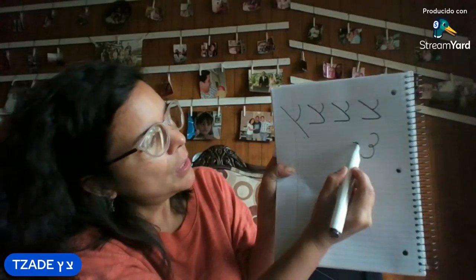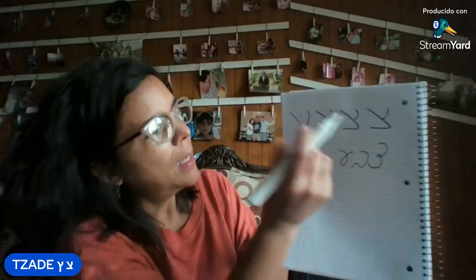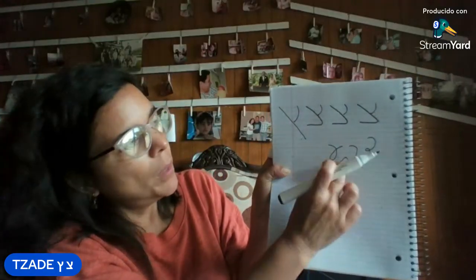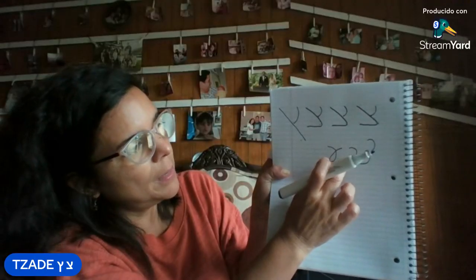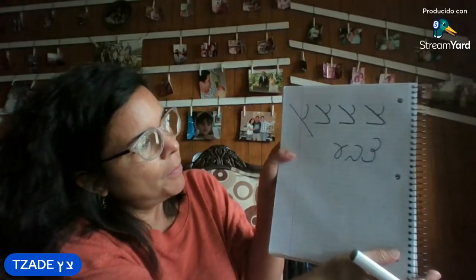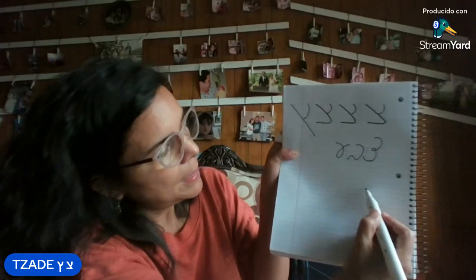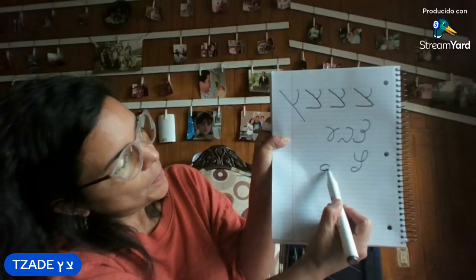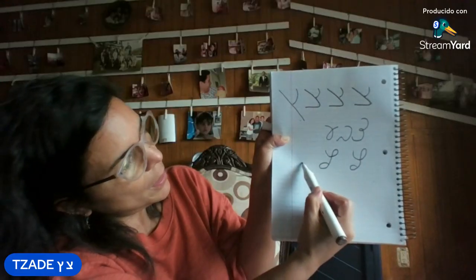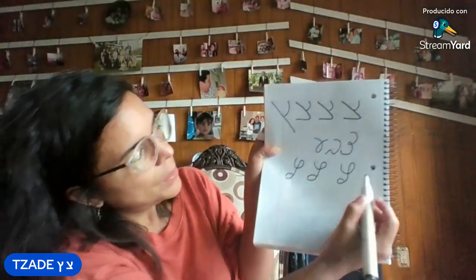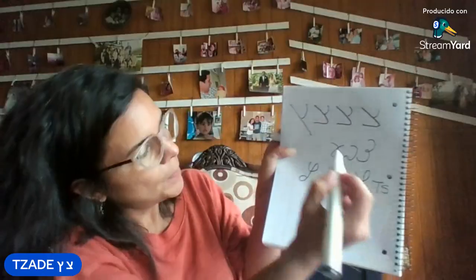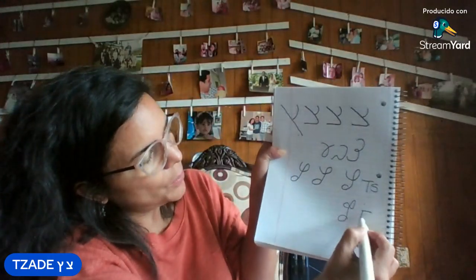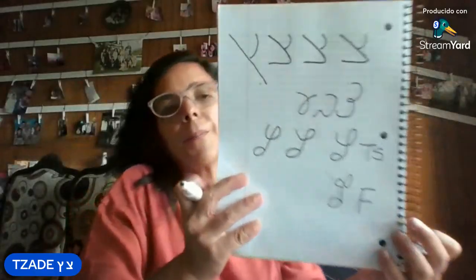Just pay attention that this one will be bigger than the rest when we write this type of letter. And then the Tzade Sofit. One more time. So this is Tzade, and it's different from Fei Sofit.